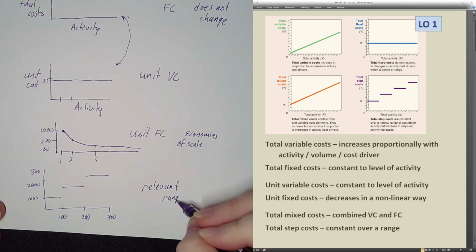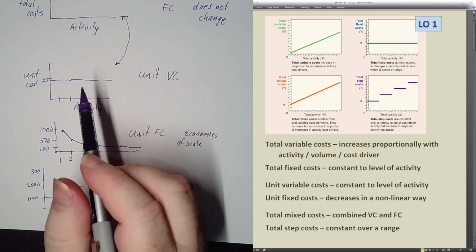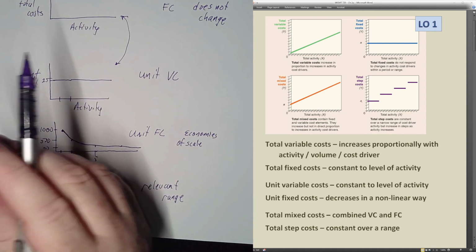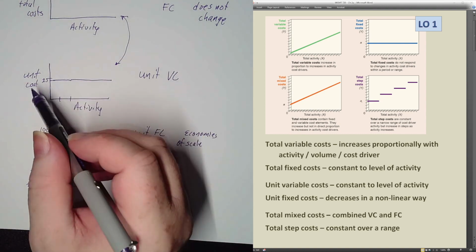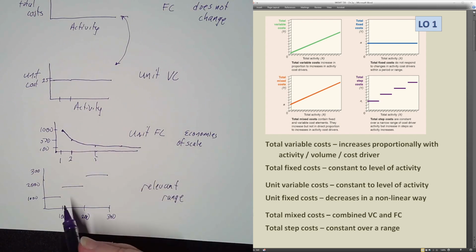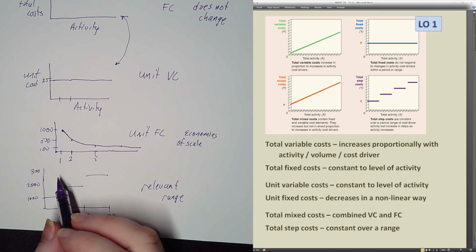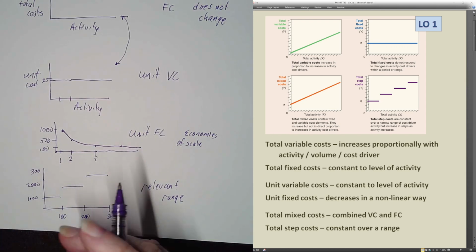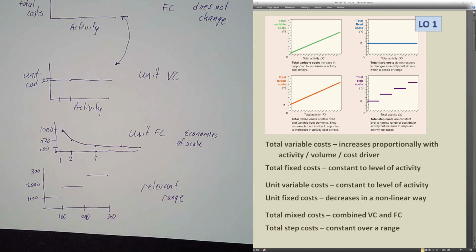There's a range for which these costs behave this way. They're not for every situation. Typically they're over the situation that we're analyzing. And so this means that there are some costs that stay steady over a certain range, and then they step up because the activity level requires an additional amount of fixed costs.